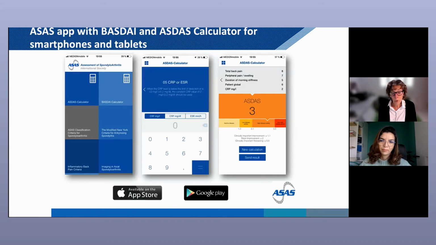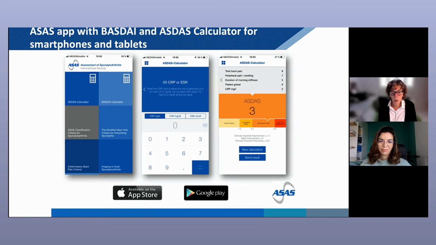The next step, of course, is to make it easier to implement the score, because you can never calculate those formulas by hand. So therefore, we developed the ASDAS calculator. You just need to enter the various scores and then you get the final result.